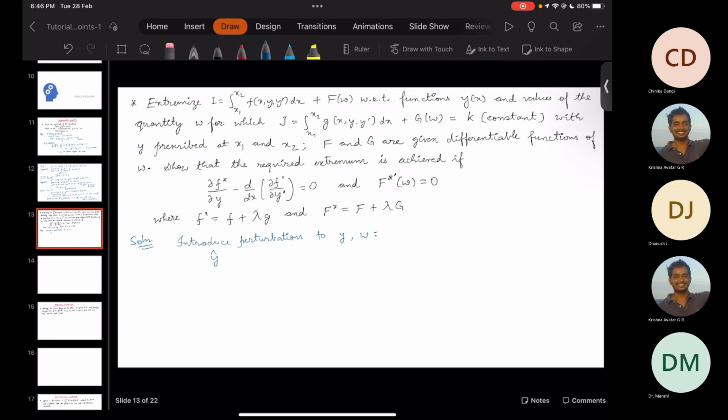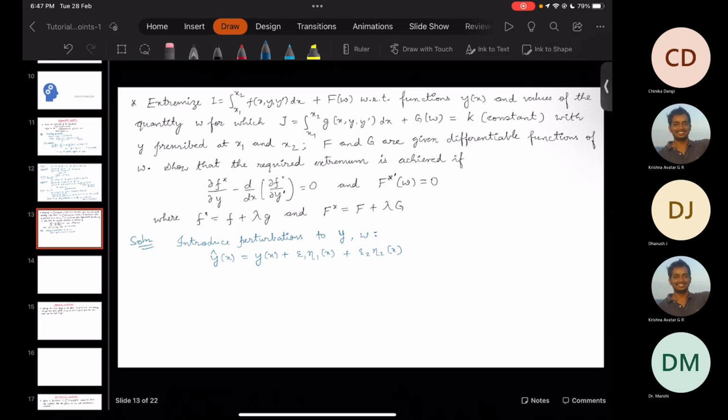So y hat is equal to y, this is the perturbed value of y, plus epsilon 1 eta 1 of x, and we require a second perturbation function which is eta 2 of x. Now I'll ask, okay, fine, but we were supposed to introduce perturbations to just y and w, so why do we require two perturbation functions?